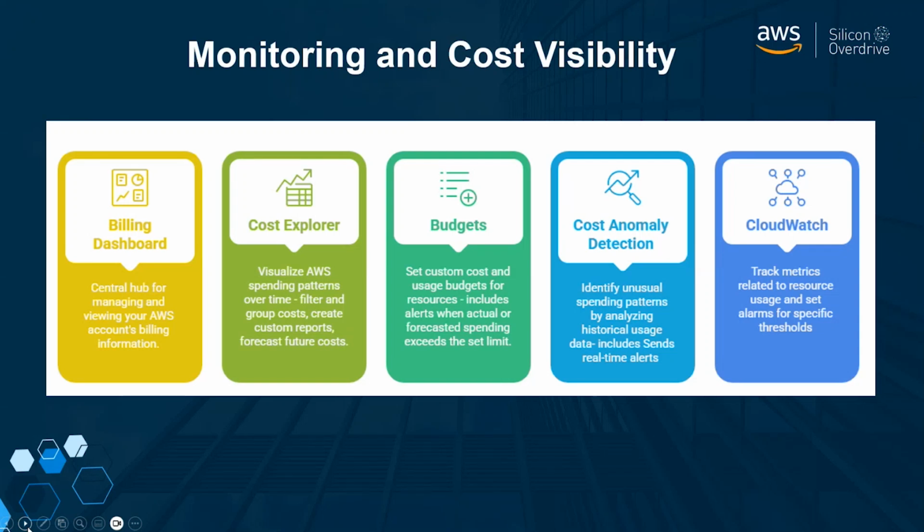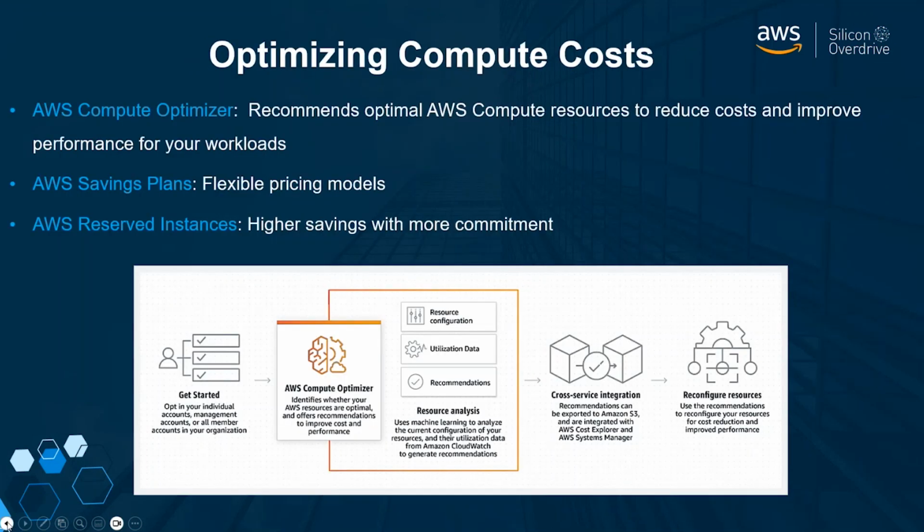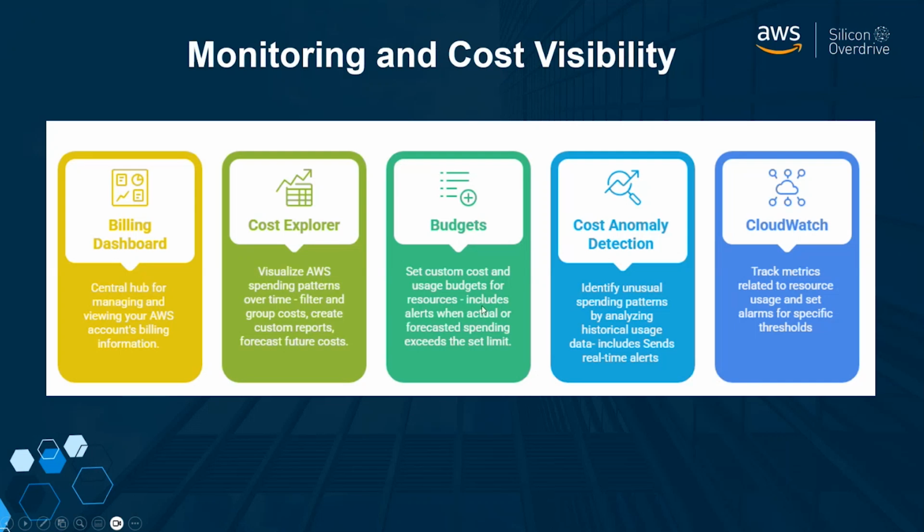So one very critical one, that might even fall into pre-deployment to a certain extent, is Budgets. It's a critical item before you even get anything up and running. And this is why it's important to do that estimate, to do the forecast, so you have a view of the amount that you're expecting to spend.